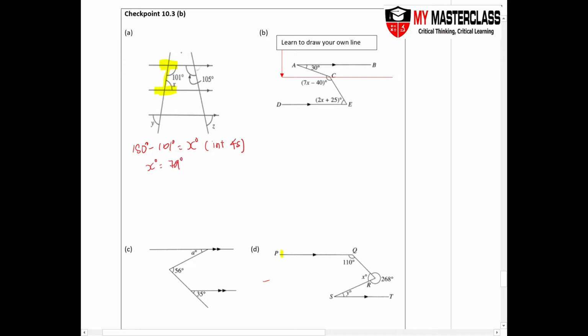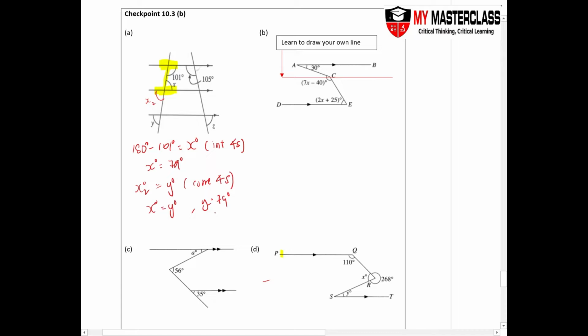Then x is the same as this angle, which you can call x2, and it equals y because they are corresponding angles in parallel lines. Therefore x equals y, which means y equals 79 degrees as well.